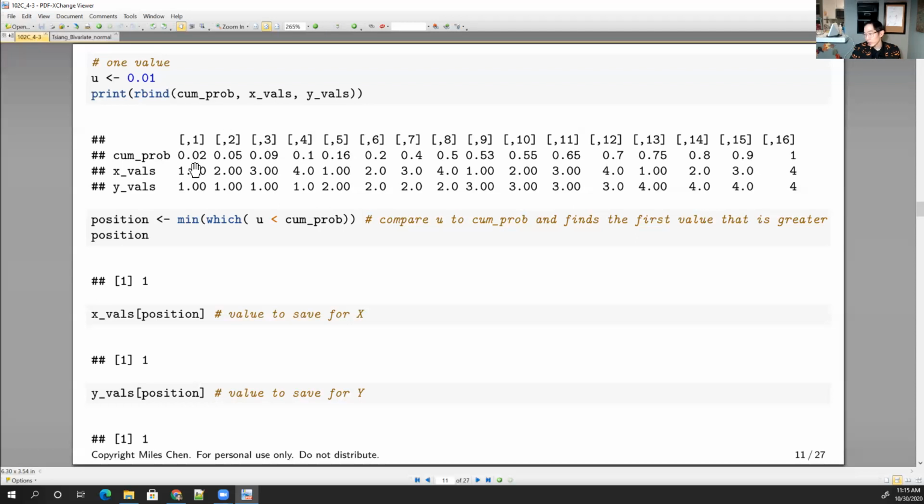And what we want is the leftmost value where it's TRUE. So I'm going to say min. Okay, so we want the first cumulative probability that ends up being greater than u. So if u is 0.01, the first value that ends up being greater than 0.01 is the very first value. So that's going to be position 1, which corresponds to x is 1 and y is 1.